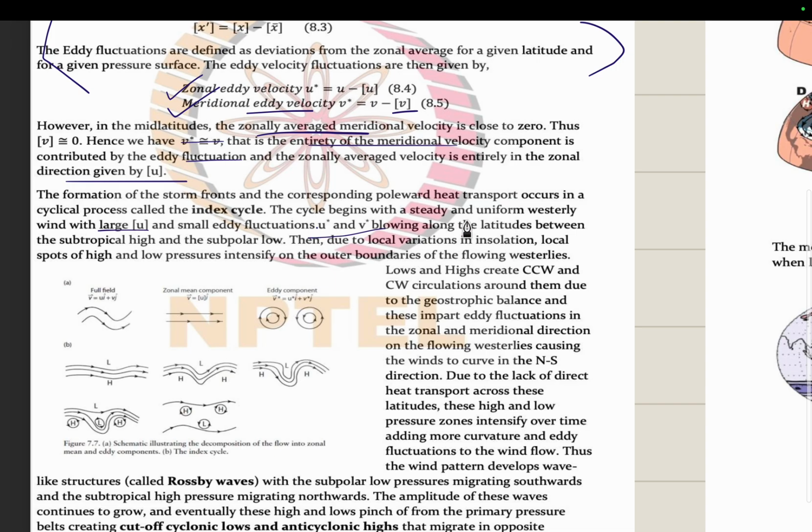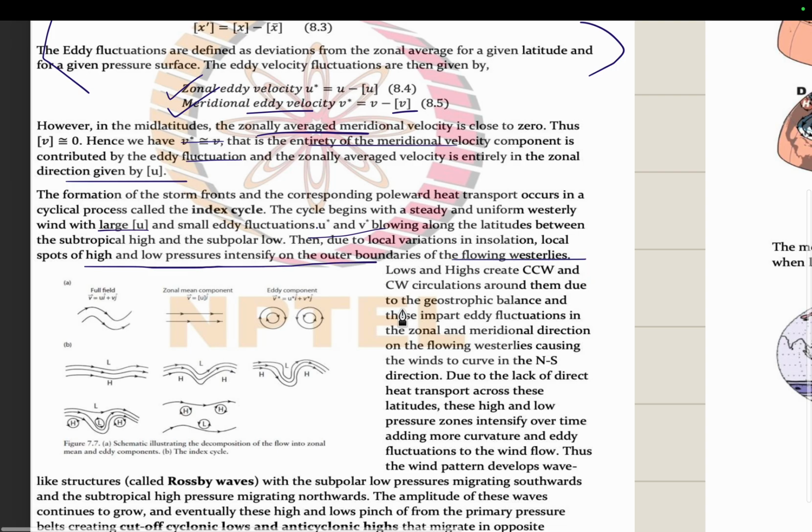This cycle begins with a steady and uniform westerly wind with large u bracket and small eddy fluctuations, u star and v star, blowing along the latitudes between the subtropical highs and the subpolar lows. Then, due to the local variations in insolation, local spots of high and low pressure intensify on the outer boundaries of the flowing westerlies.